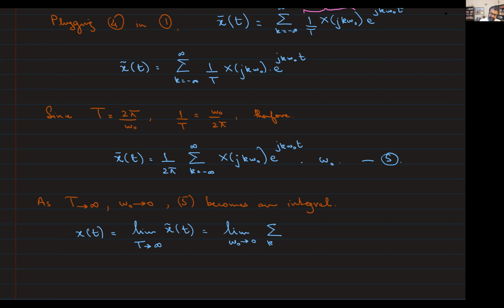This is the sum over k equals minus infinity to plus infinity of X of j k omega naught e raised to power j k omega naught t times omega naught, or 1 upon 2 pi times, sorry. And this is nothing but an integral from minus infinity to infinity of X of j omega times e raised to power j omega t, and the integral is over omega. And this is x of t.